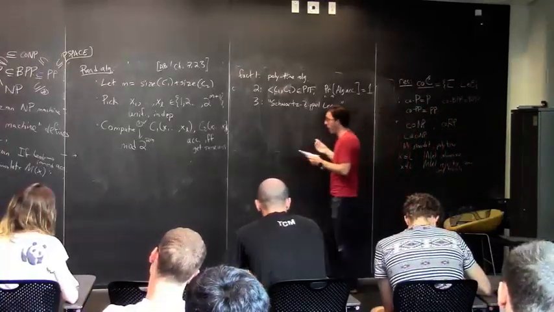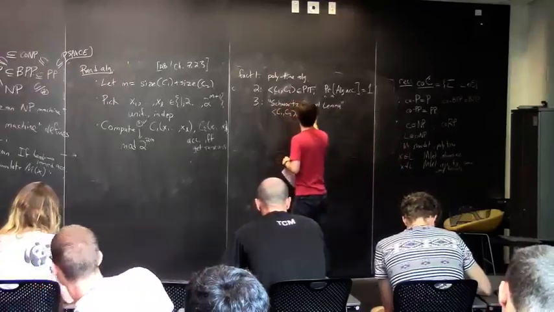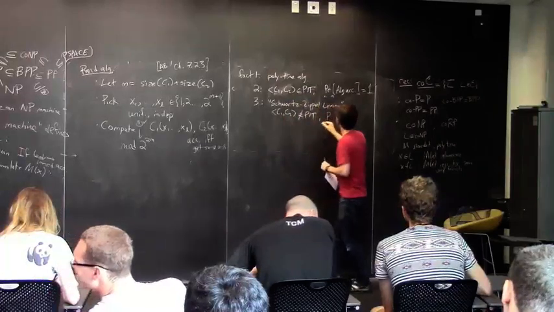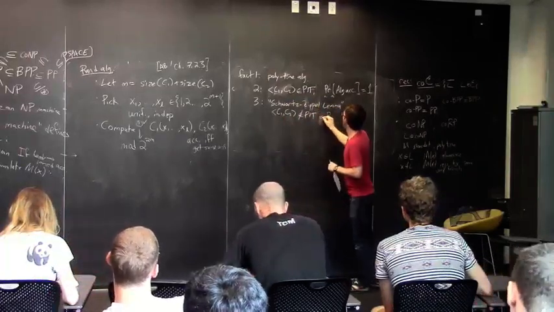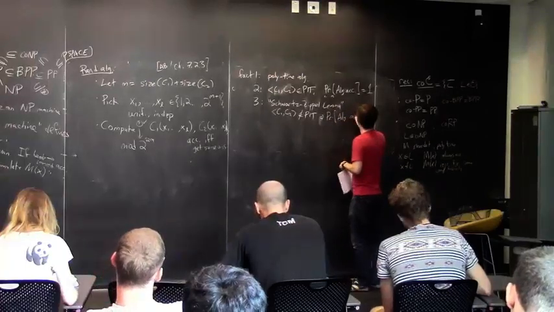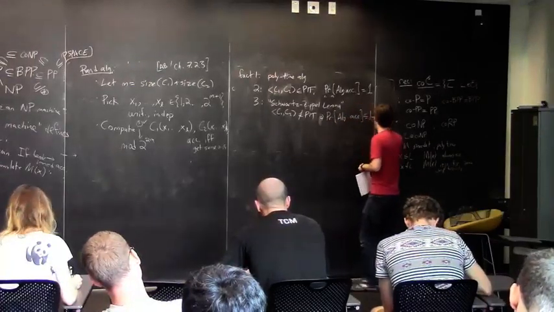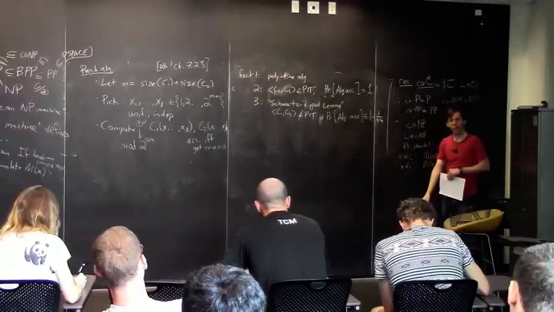Using this fact, you can show that if C1, C2, the input, is not in the language, then the probability that the algorithm accepts is at most 1 minus 1 over 4m. So a little bit less than 1.